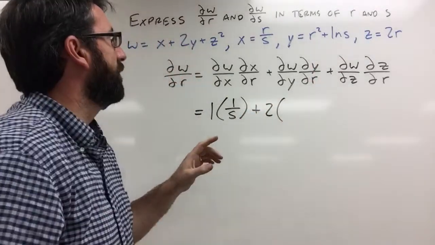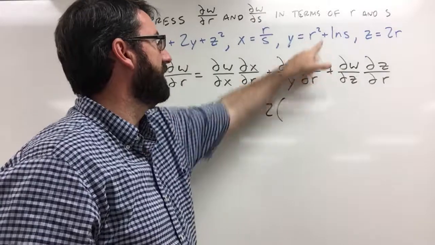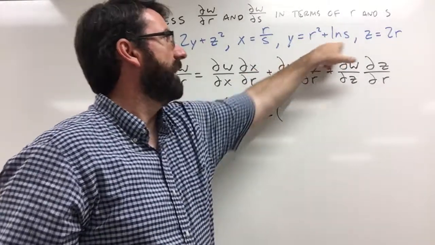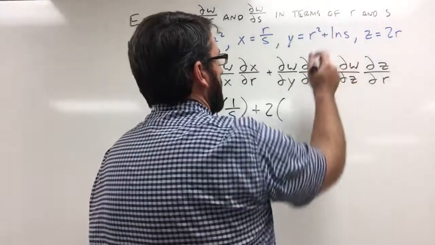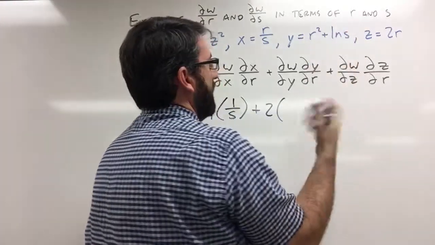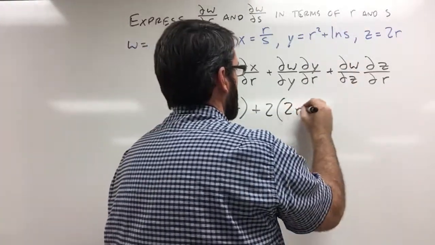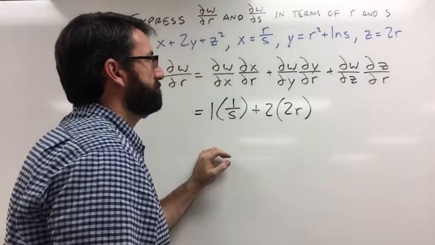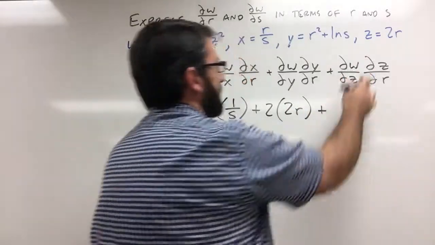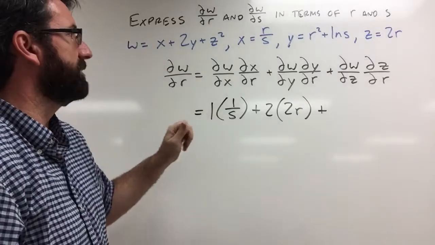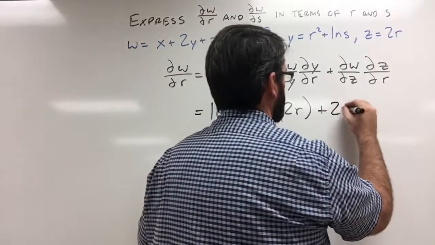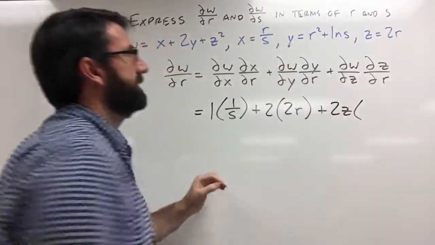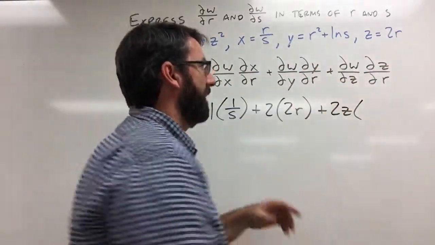The derivative of y with respect to r, that's going to be 2r. S is going to be constant, so the natural log of s is constant. And the derivative with respect to r is just going to be 0, so that's 2r. And then the derivative of w with respect to z is going to be 2z. And then the derivative of z with respect to r is going to be 2.